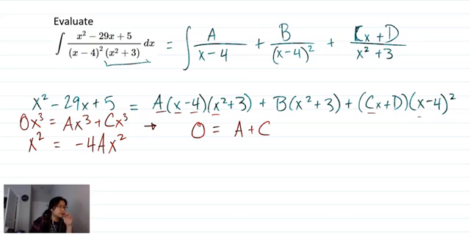Okay. And then for our x squareds, we have one of those. And then how many of these do we have? We have a Bx squared here, and then we have a Dx squared.